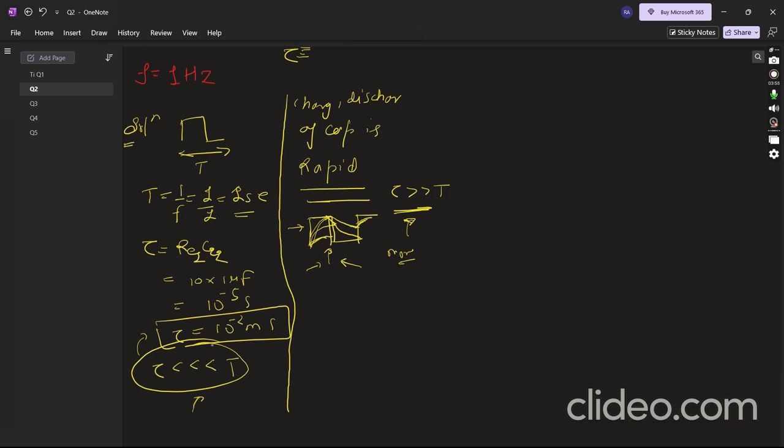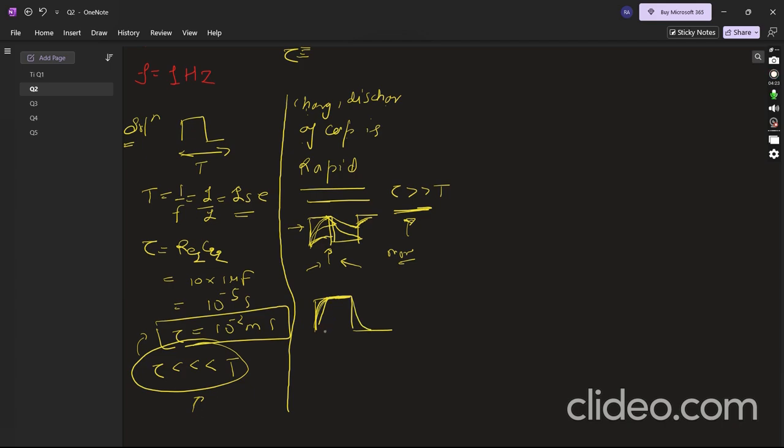In this type of question, the charging and discharging of the capacitor is rapid. If this is a pulse, then we don't have to worry about at what point the capacitor will charge. It will charge instantly and fully at the positive pulse, and it will discharge fully.